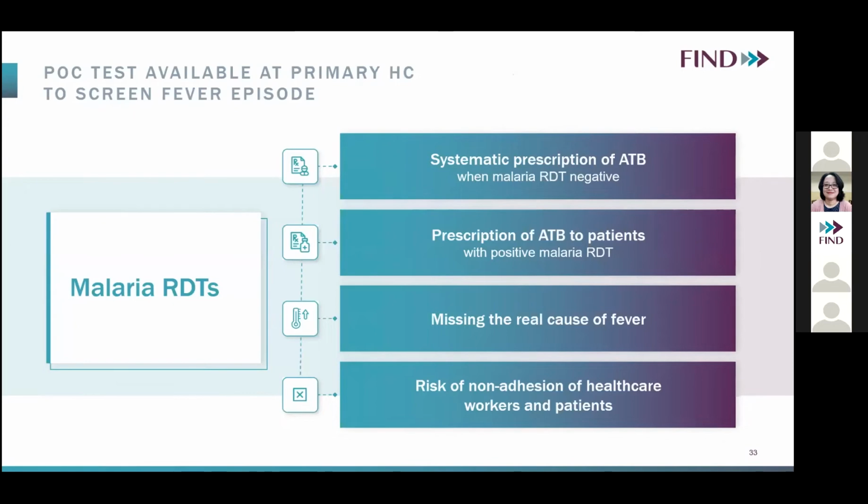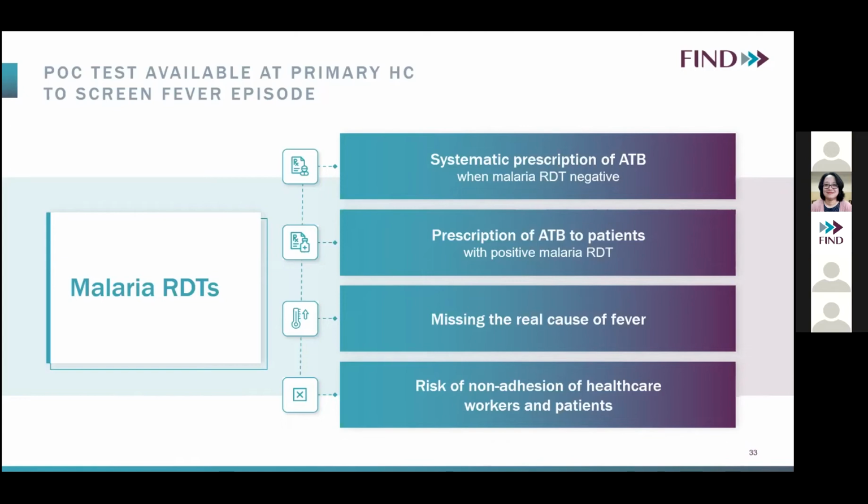It's important to mention that in primary healthcare centers, the only point of care test available to screen febrile disease remains the malaria test. The consequence, when the malaria test is negative, is the systematic prescription of antibiotics. And when the test is positive, we also have some prescription of antibiotics added to the antimalarial.